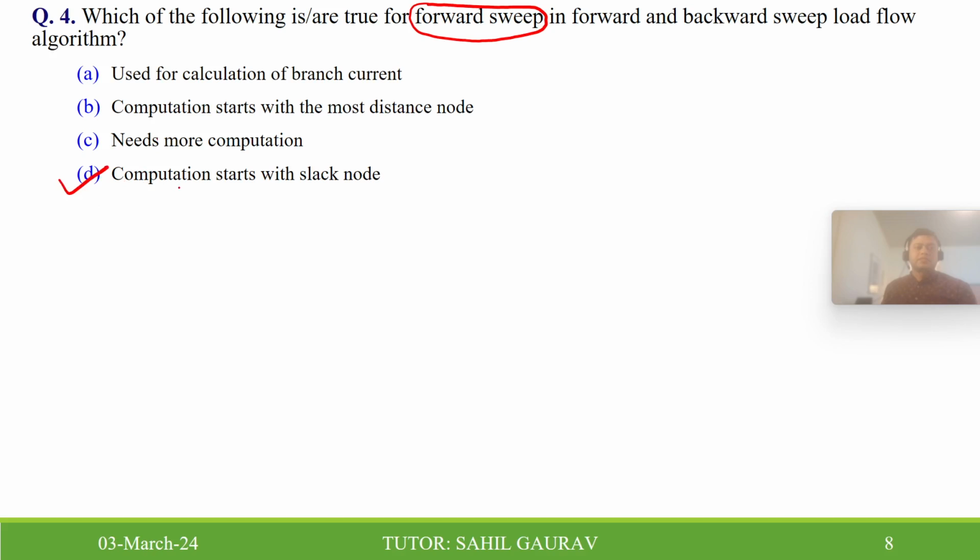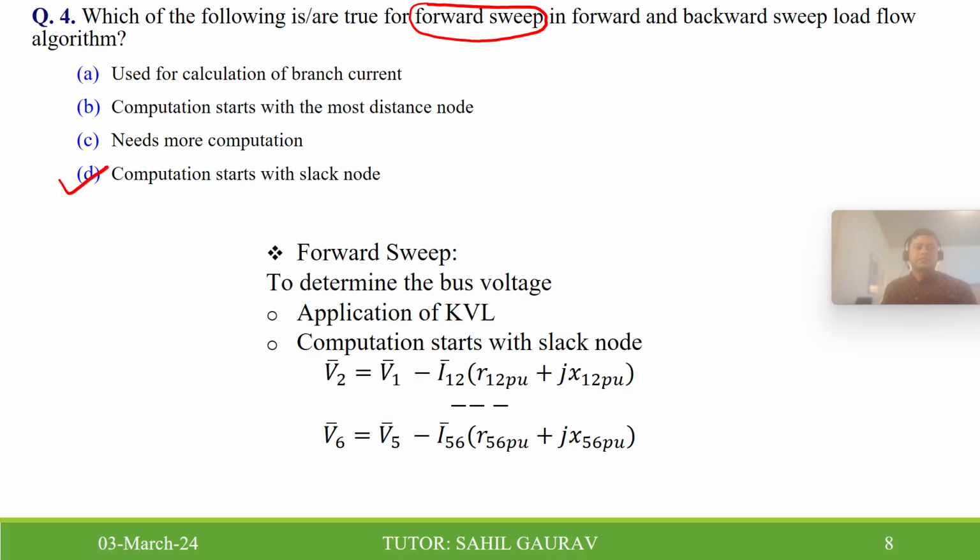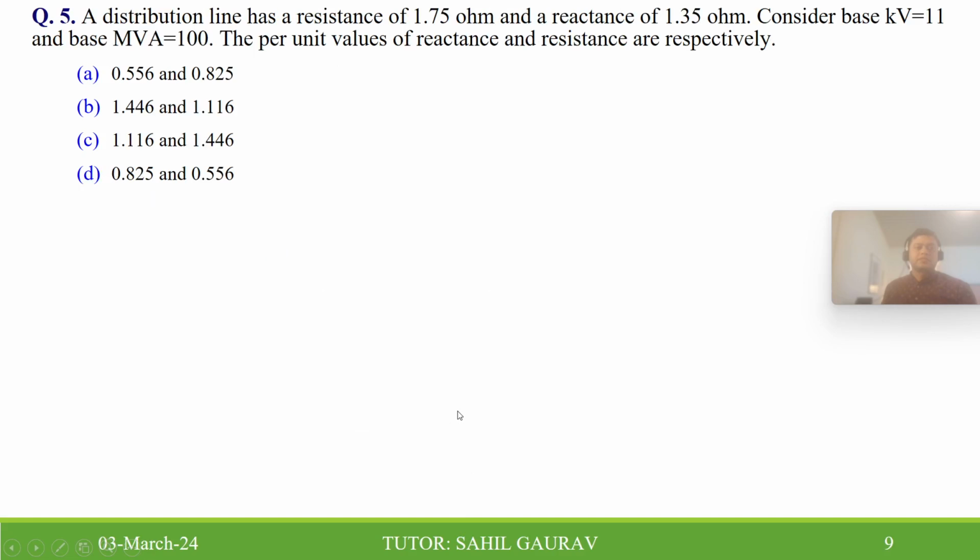So in the forward sweep, computation starts with the slack node. With the help of the forward sweep, we determine the bus voltage. It is the application of Kirchhoff's voltage law, and this computation starts with the slack node. Till here, any doubt, anything, any concern? Now moving to the next problem.